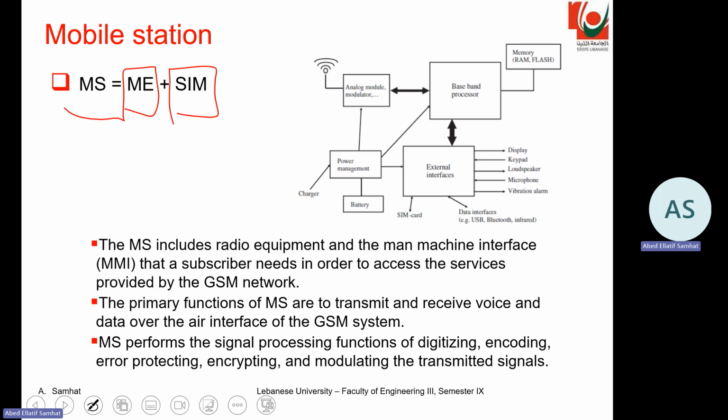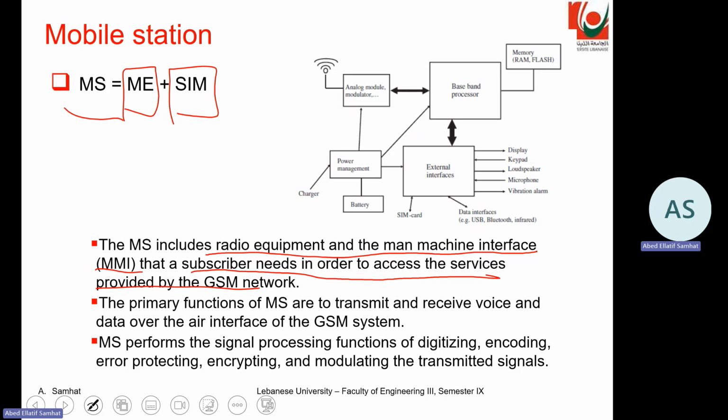Okay, and generally it includes the radio equipment and the man-machine interface (MMI) that users need in order to access the services provided by GSM. So it's a kind of terminal that allows the user to use the services provided by the cellular system.